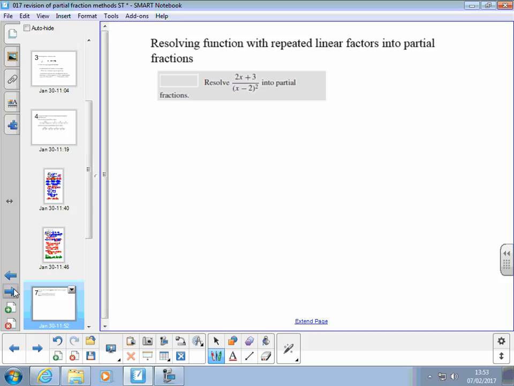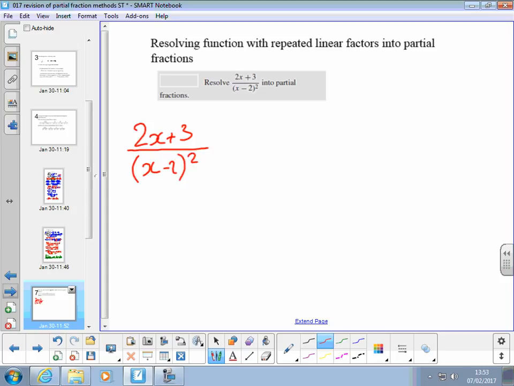Right then, moving on. Resolving a function with repeated linear factors into partial fractions. So we've got (2x plus 3) over (x minus 2) all squared.